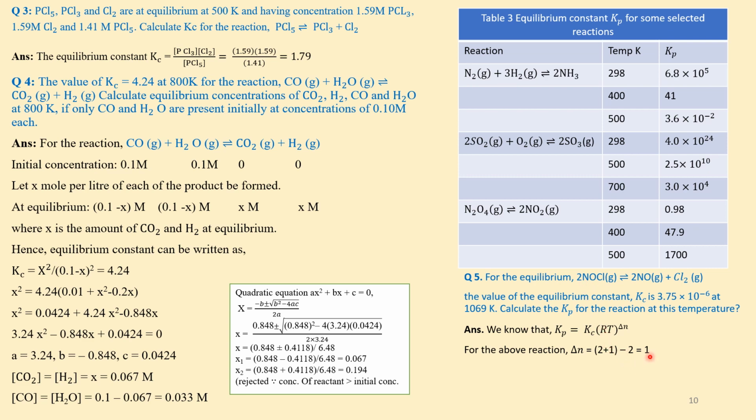So the answer is delta n is equal to 1. Substituting in the above equation, we get Kp is equal to 3.75 into 10 to the power of minus 6 into 0.0831, we have to remember the value of R is 0.0831, and the temperature is given as 1069 Kelvin. Simplifying, we get the answer of Kp as 0.033.